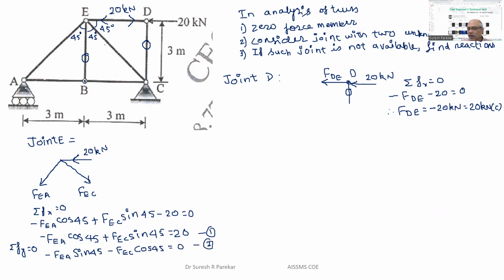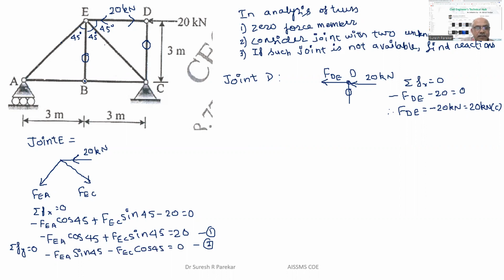Solving these equations, we have two unknowns: minus cos 45, sine 45 and 20, then minus sine 45, minus cos 45 equal to 0.